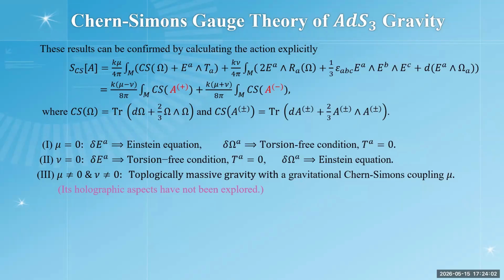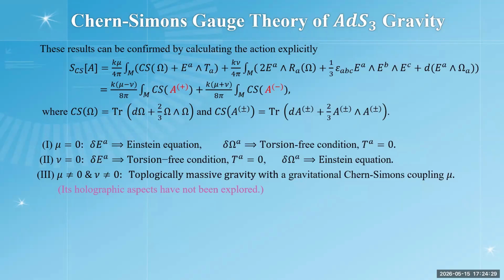Actually, there is a formulation in terms of Chern-Simons gauge theory. That is the famous work of Brown and others, and now it is well known. We have Chern-Simons gauge theory of AdS3, and then we can accommodate this BTZ black hole. The BTZ black hole is actually a solution of this Chern-Simons term.